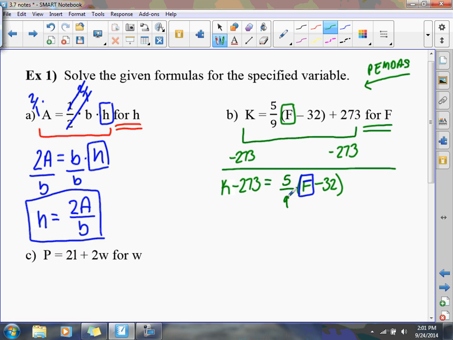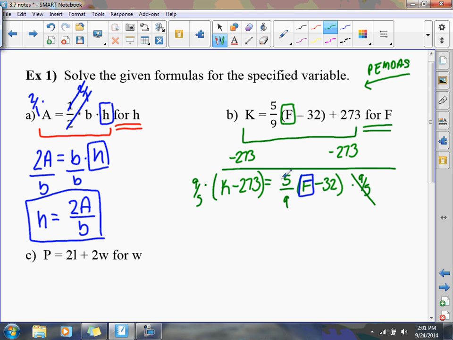So I have to get rid of that timesing by 5 over 9. So I would divide by 5 over 9, but we never divide by a fraction, so I'm going to multiply by 9/5. Now, on the left side of the equation, there's really two things that I'm multiplying by 9/5, the K and the minus 273.